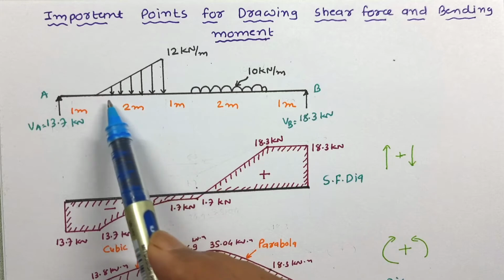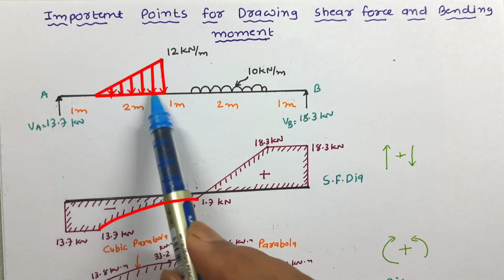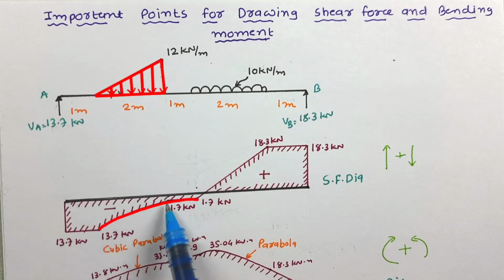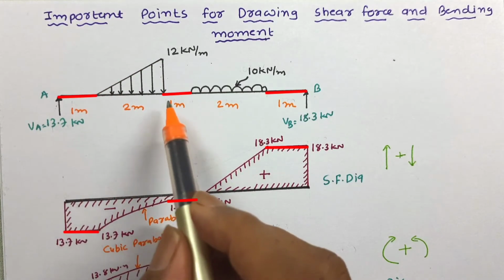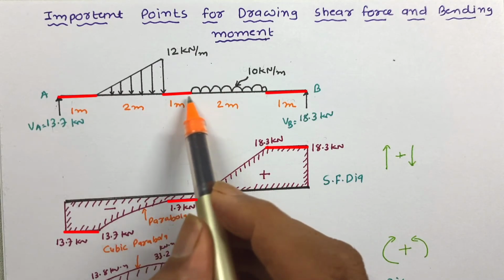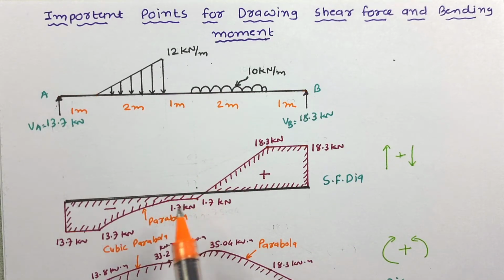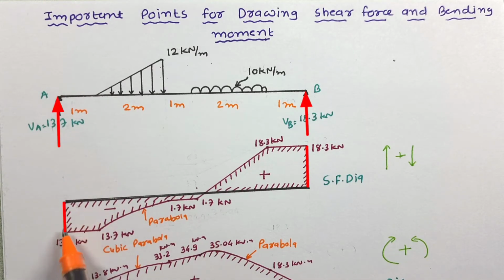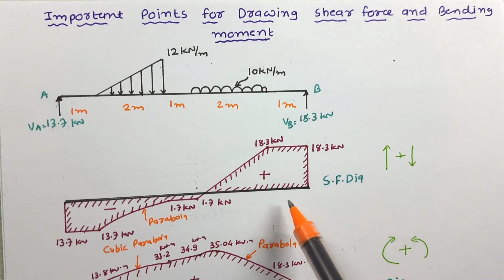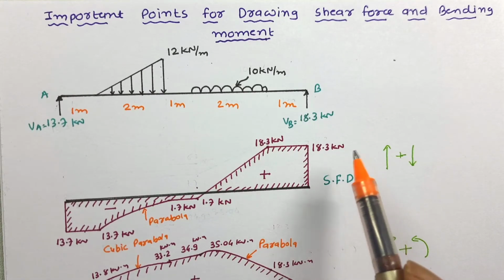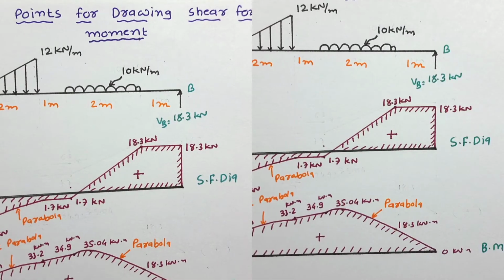In the portion of beam where uniformly varying load is acting, the shear force diagram will be a parabola. Here again there is no load, so horizontal line. Here also there is no load, so horizontal line. Here a point load is there, so there is a sudden drop or sudden rise, meaning a vertical line in the shear force diagram. So you have to keep this in mind for drawing shear force diagram.